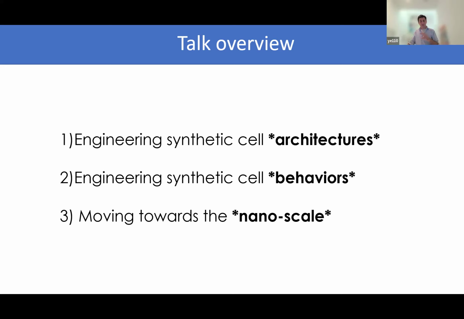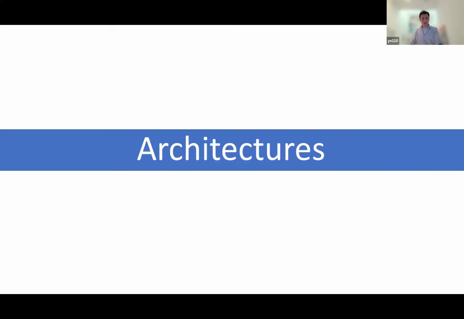And the third part is really starting to play around with different length scales. So for those of you who work with synthetic cells, you're used to working with synthetic cells on the micron length scale, 5, 10, 20 microns across. But we are starting to play around with building synthetic organelles on the nanometer length scale because they're very useful for therapeutics and so on. And that's the third part of the talk.